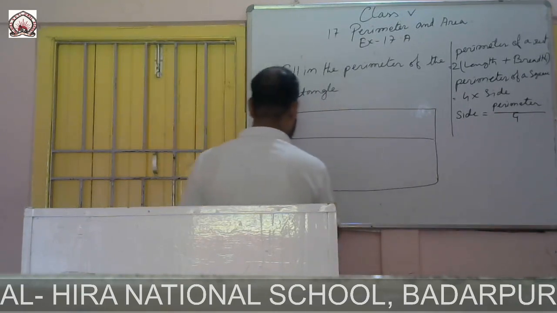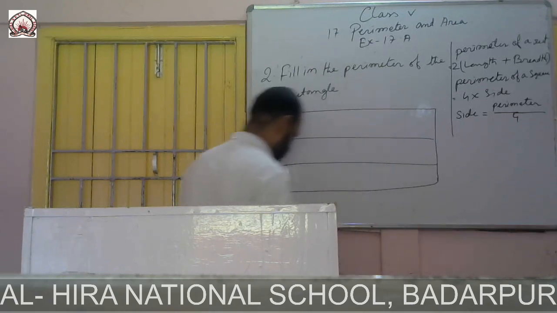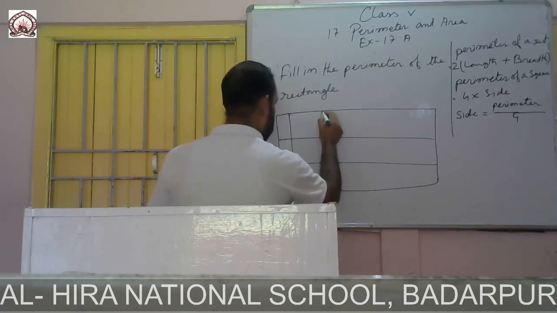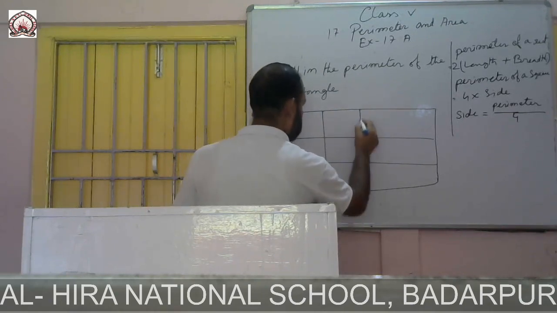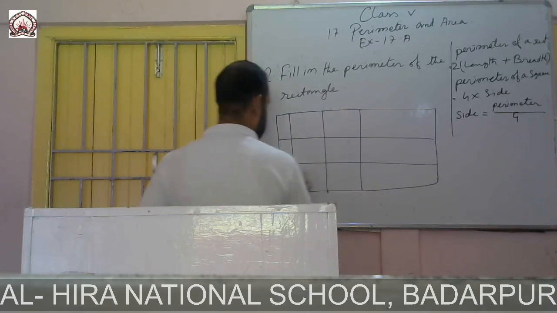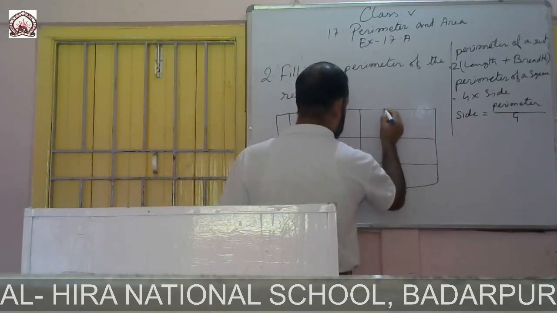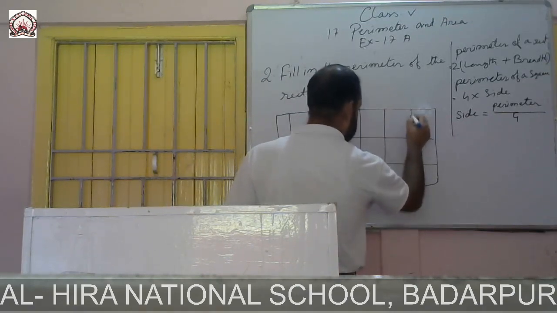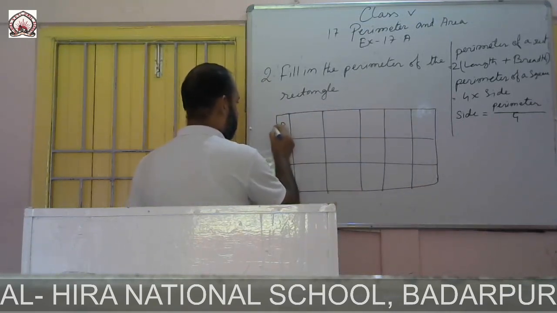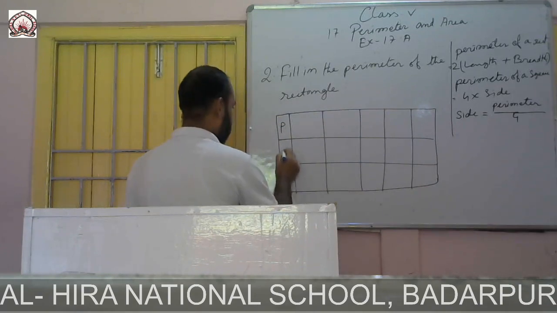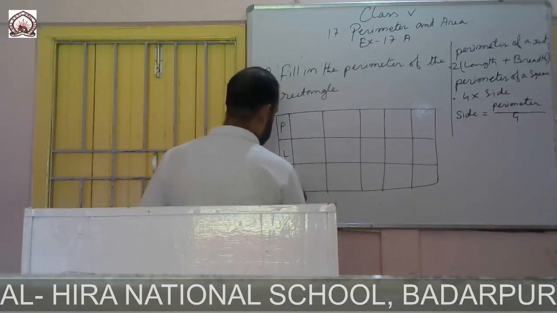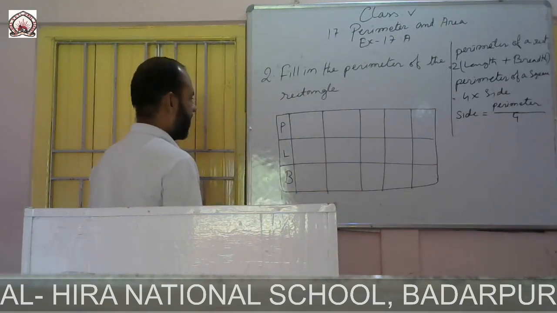So here P means perimeter, L means it is length, and B means it is breadth.